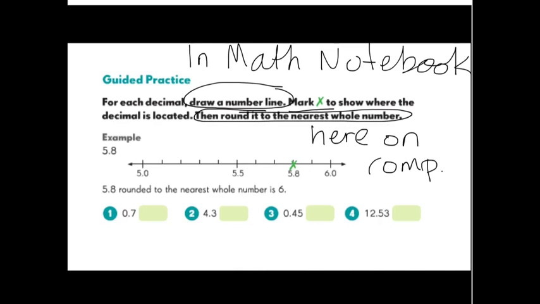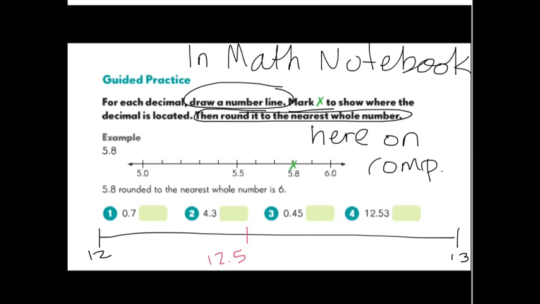And finally, we will talk about 12 5300ths. We have a number line that begins with 12 and ends with 13, because we're rounding to the nearest whole number. We know that we're talking about 12.5 in the middle. And because we're talking about hundredths, we also need to draw the next biggest hundredths so that we can get an idea of where 12 5300ths is.